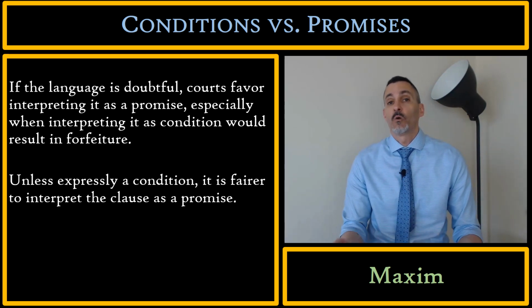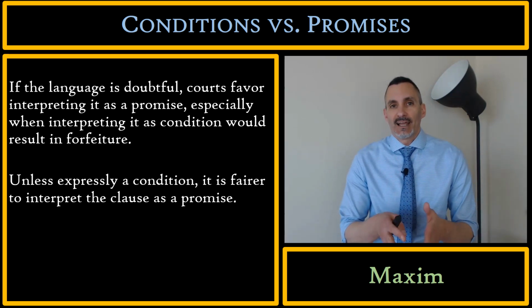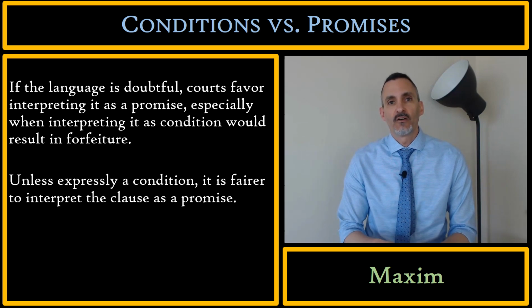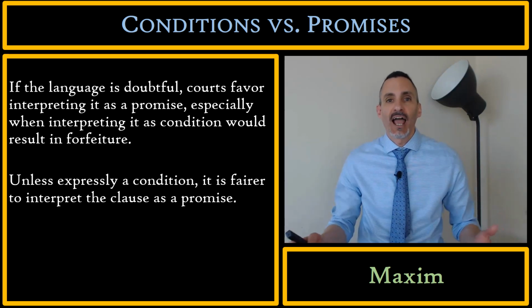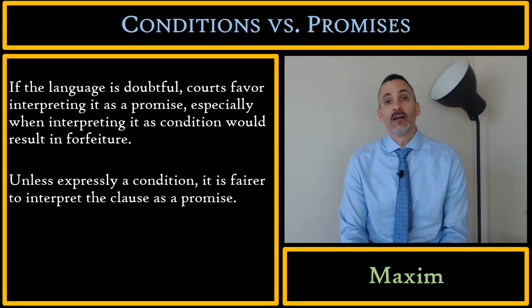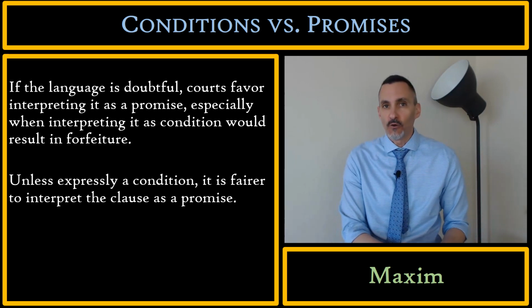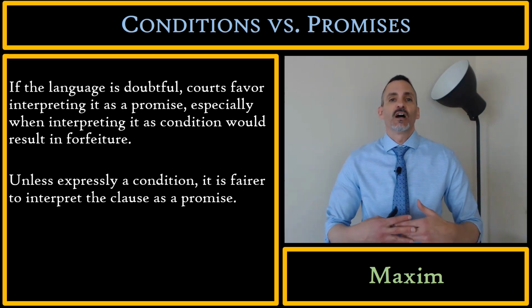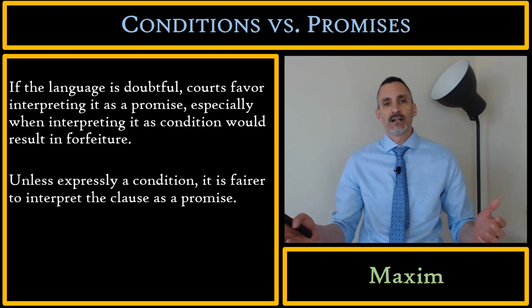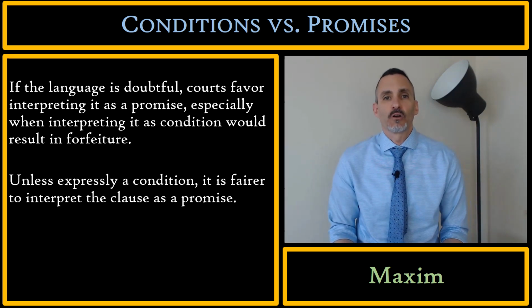Now you might say, well, why is that? Well, express conditions are very, very unforgiving, right? Any little deviation from the express condition and the condition fails. Promises are more lenient. You only need substantial performance. Now, think about if you're a judge or if you're a contracting party, what do you expect the world to be?